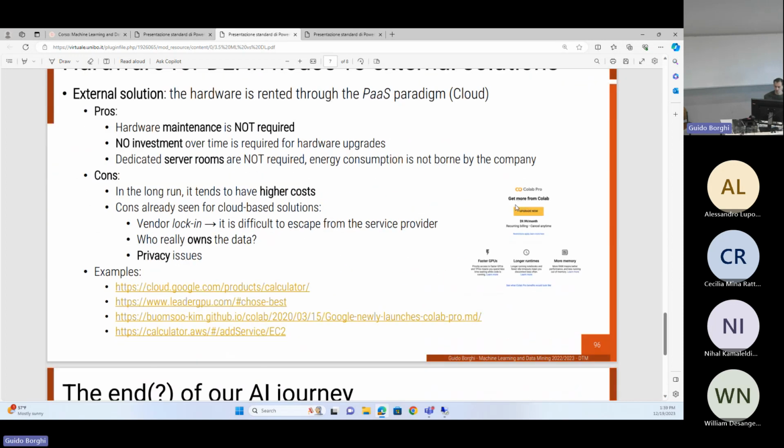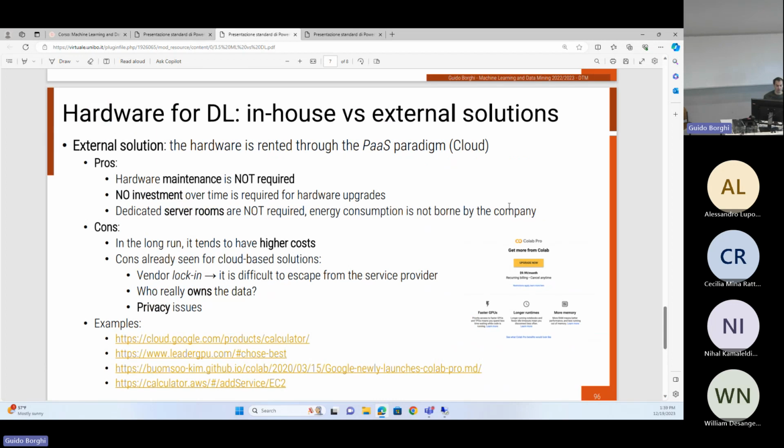The second solution for the hardware is the external solution. So the hardware is rented through the cloud paradigm, in particular the platform as a service paradigm based on cloud technology. In this case, the hardware is not bought by the company.